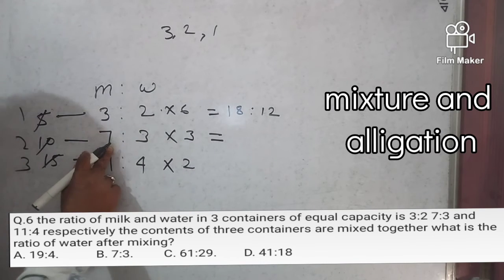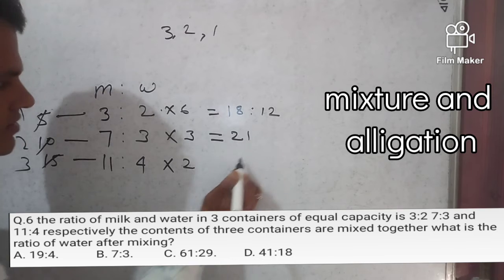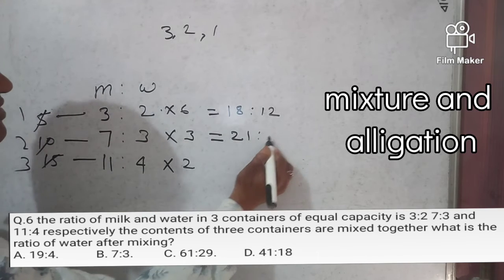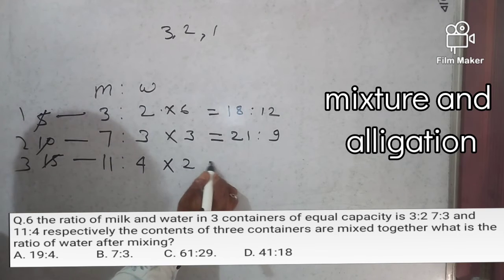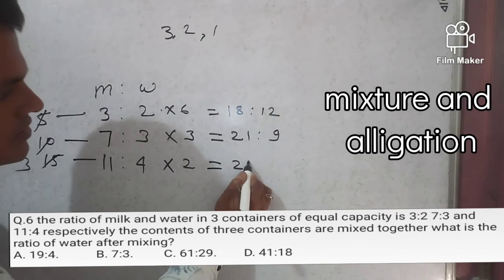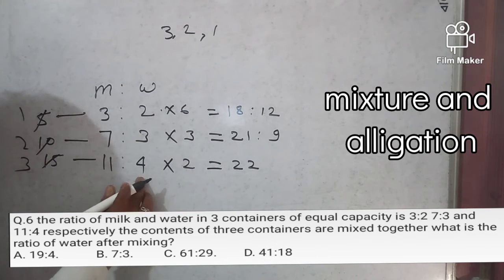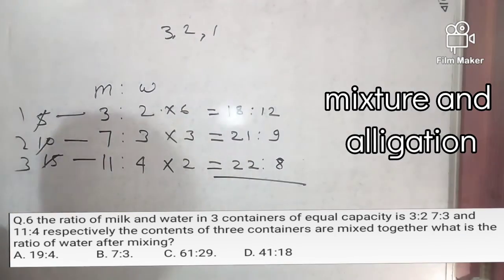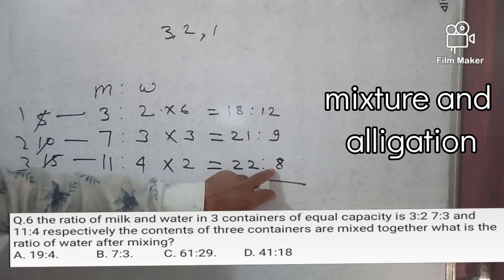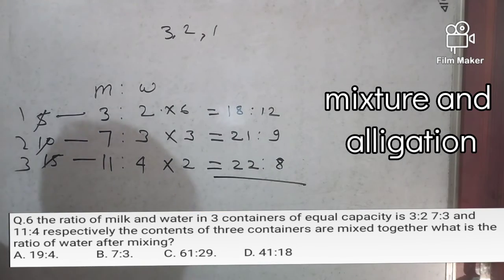7 and 3 multiply by 3 gives 21 and 9. 2 and 11 multiply gives 22. 2 and 4, 4 times 2 is 8. Now add them. So 12 plus 8 is 20, 20 plus 9 is 29.